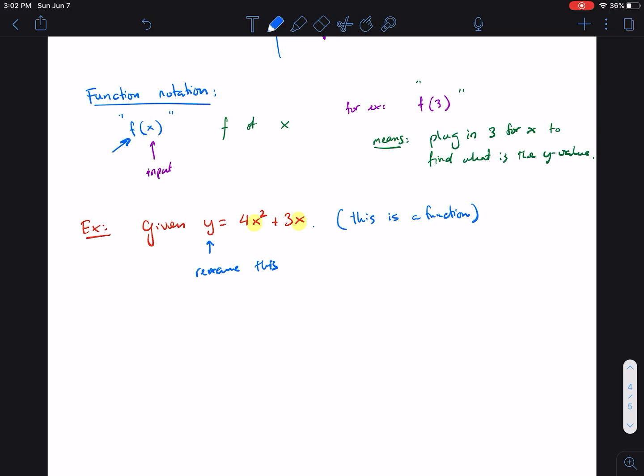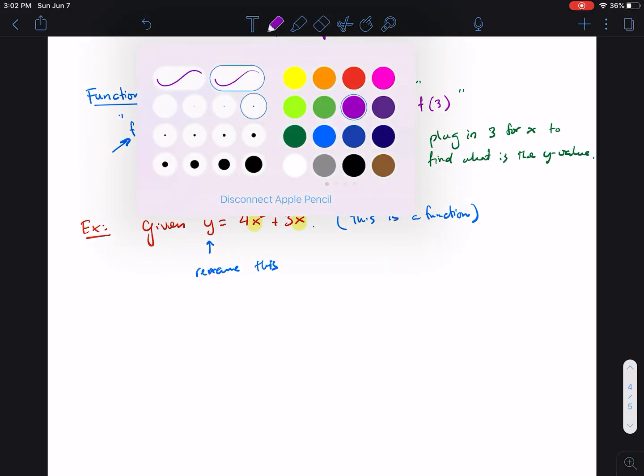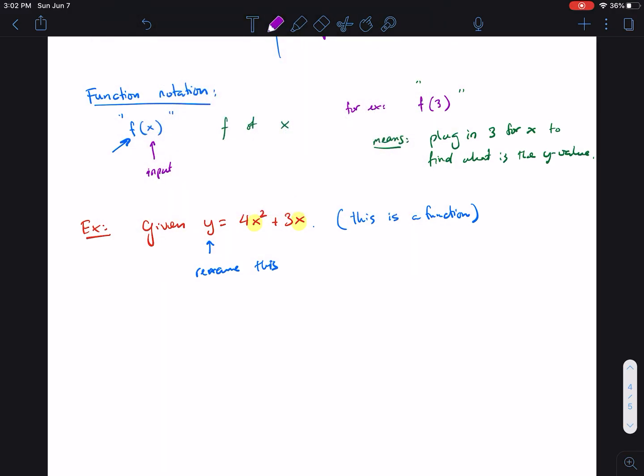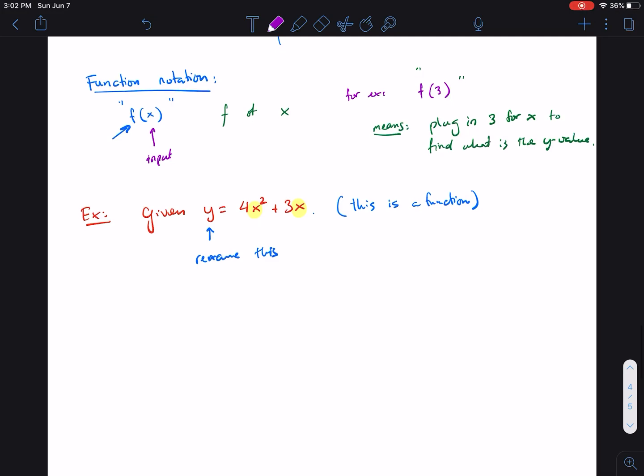Let's say my favorite alphabet letter is G, so we can rename y, the dependent variable, as G, and G is taking on the x value, so it's G of x.